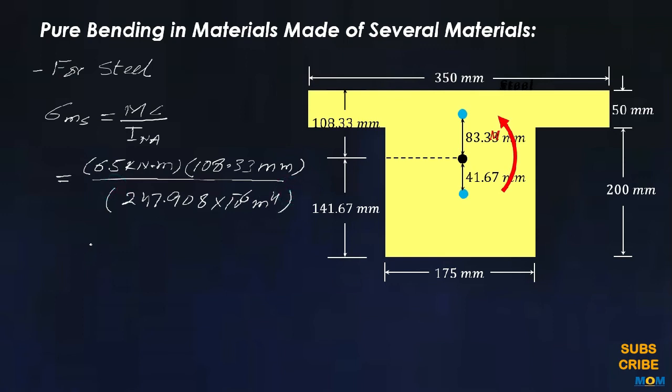So the maximum stress for steel comes out to be 2.84 megapascal.